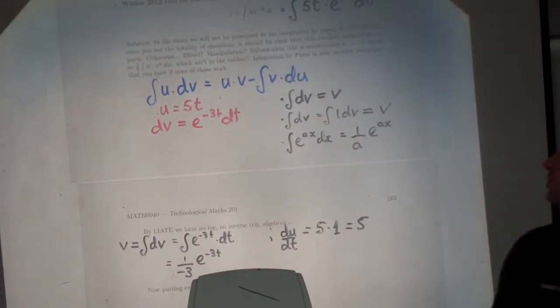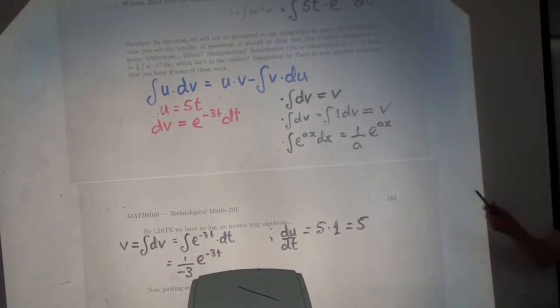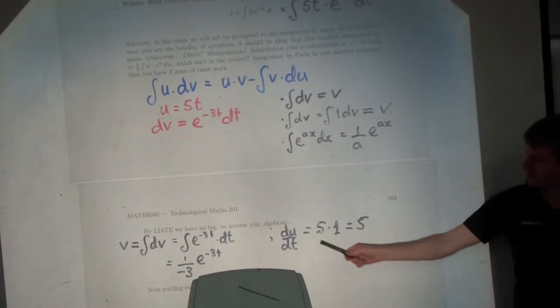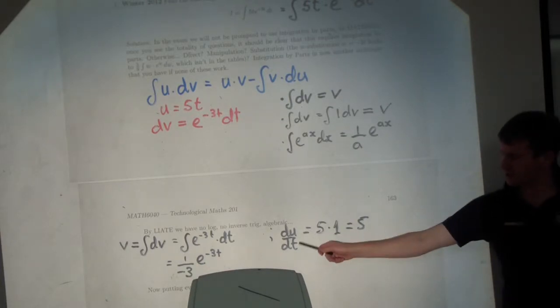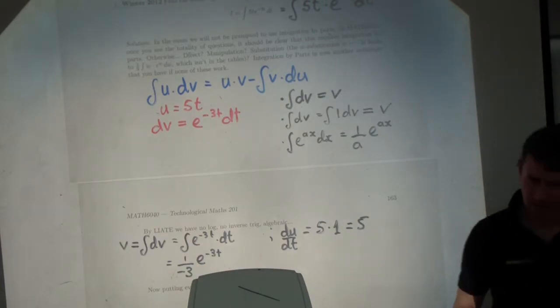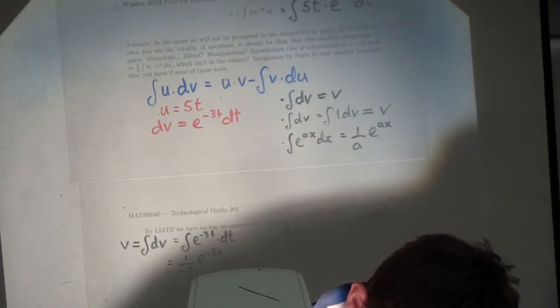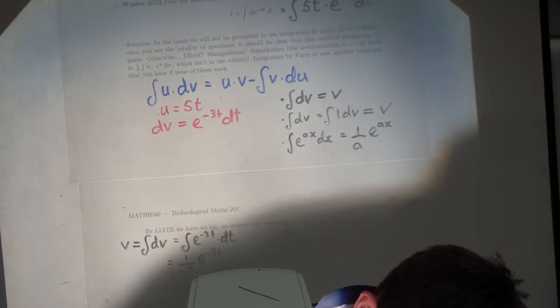So we have u, we have v, and now we also have to get du. How you get that is you differentiate u, and we got 5. So to get the du, just multiply both sides by dt. So du is equal to 5 dt.